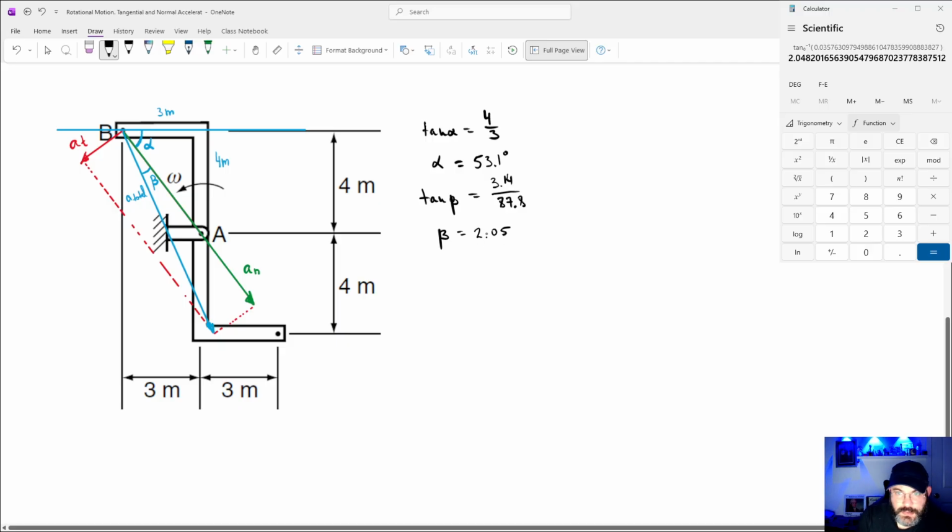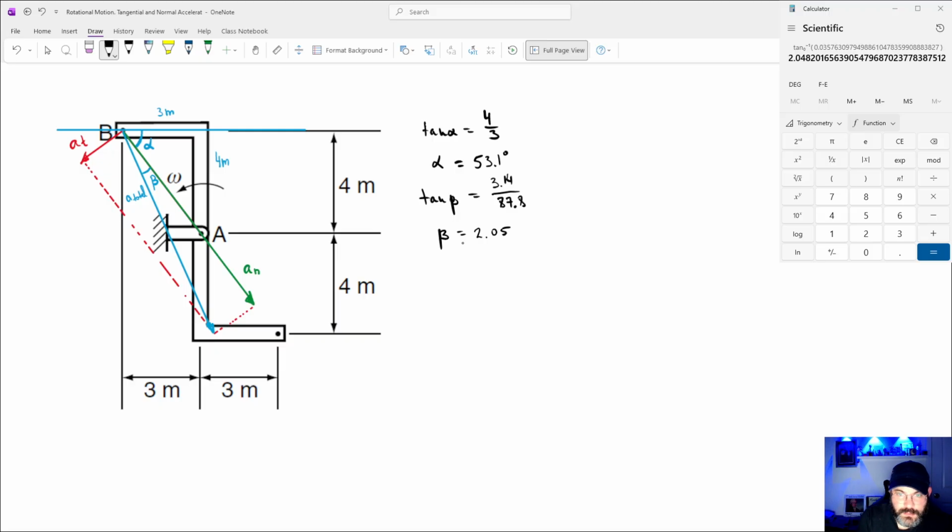Okay, good. So then the total angle, alpha plus beta, is equal to 53.1 degrees plus 2.05 degrees. Be careful with those degrees, because if you don't show degrees, by default, those are radians, right?